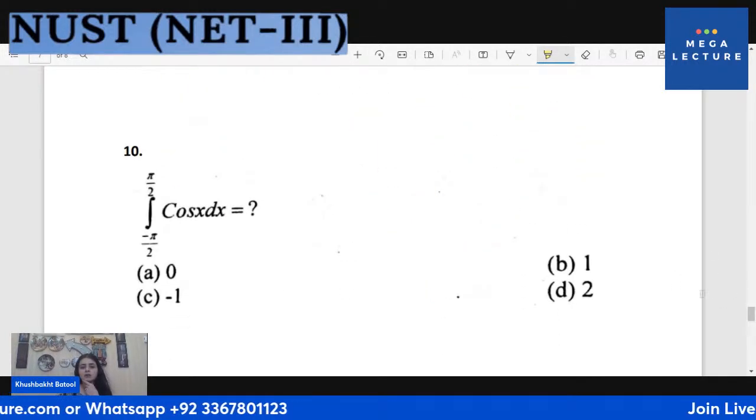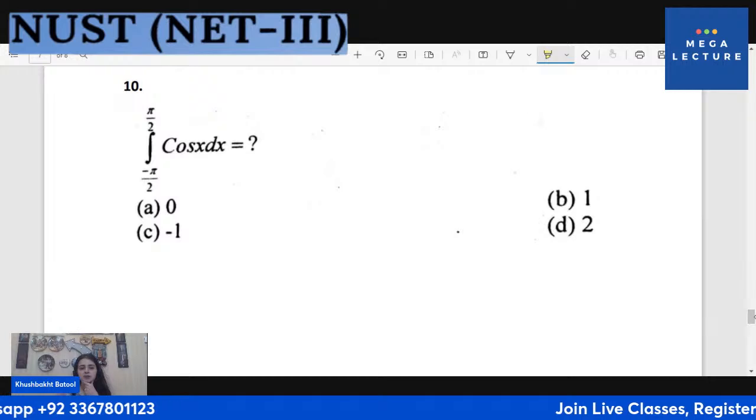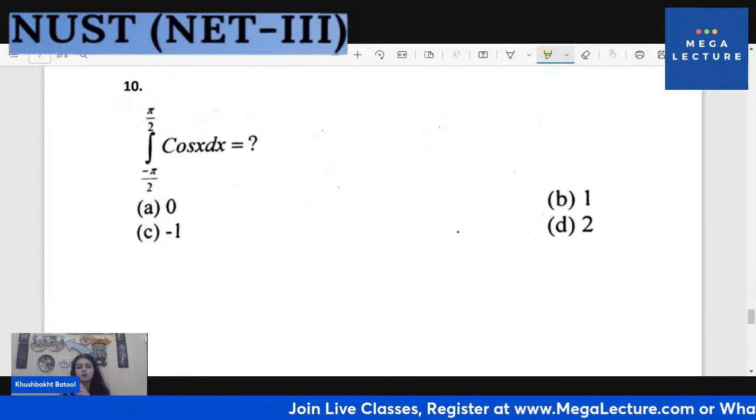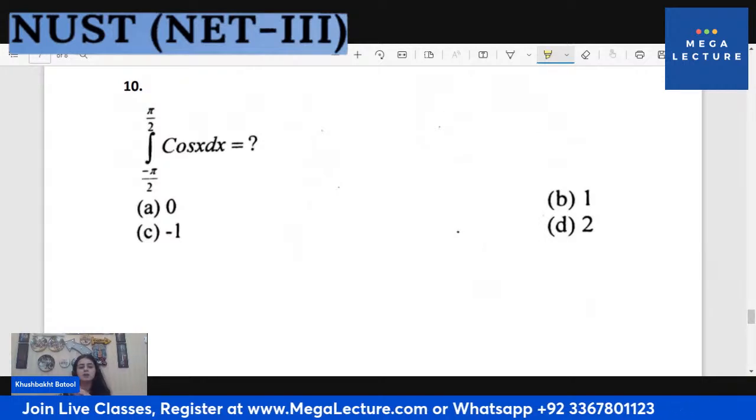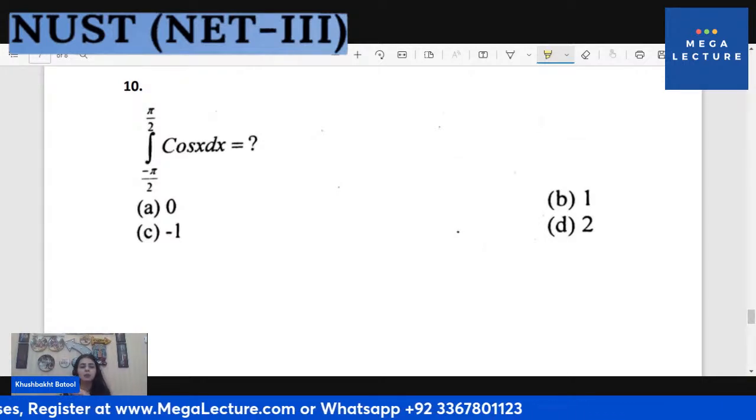Okay, now this is the 10th question, and it says the integration of cos x from minus pi by 2 to pi by 2. Now you need to integrate cos x, and how do we integrate cos x?